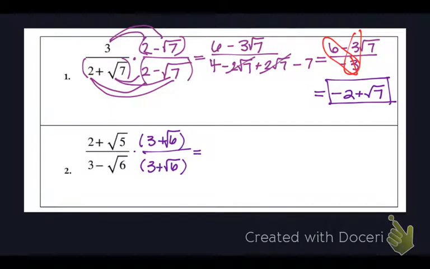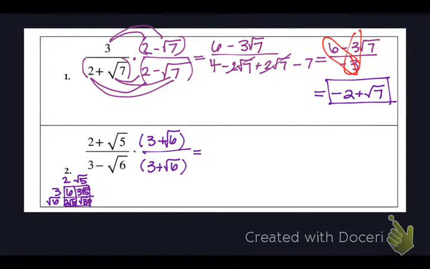Now if you struggle with some of that, don't forget about your box. We could still set up boxes and multiply. So 2 times 3 is 6. We would have 2 radical 6, 3 radical 5, and that last one would be square root of 30.